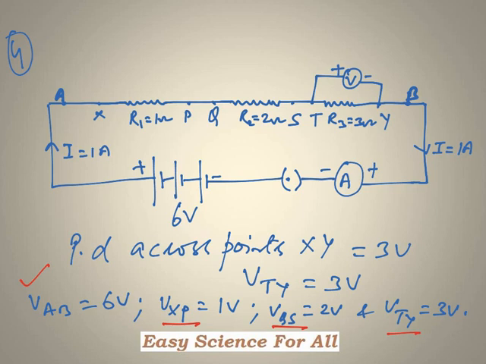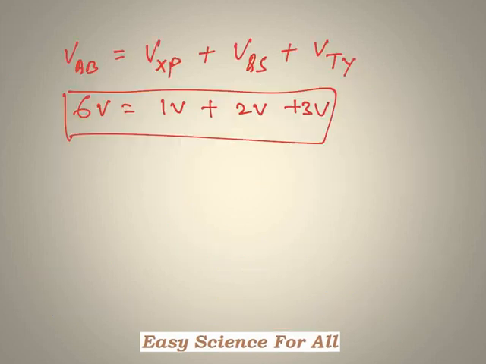In other words, the potential difference across series combination AB is equal to the sum of the potential differences across individual resistances R1, R2 and R3. So we can write this relation in the following manner. That is, VAB can be written as the summation of VXP, VQS and VTY.